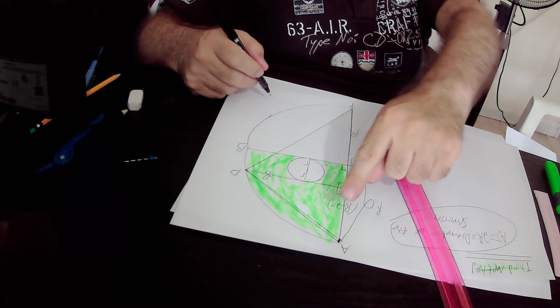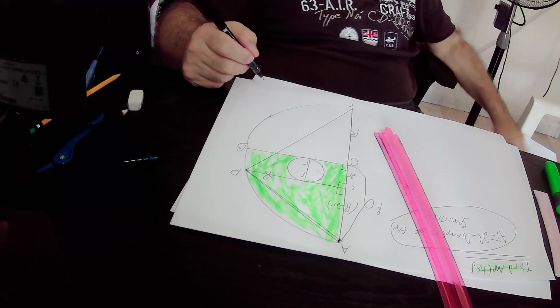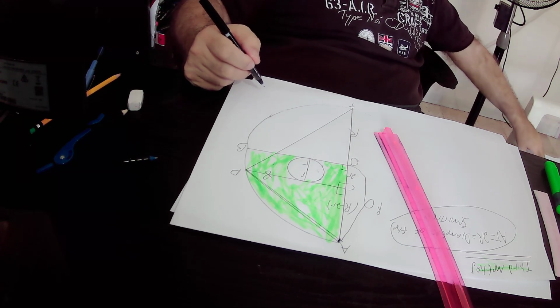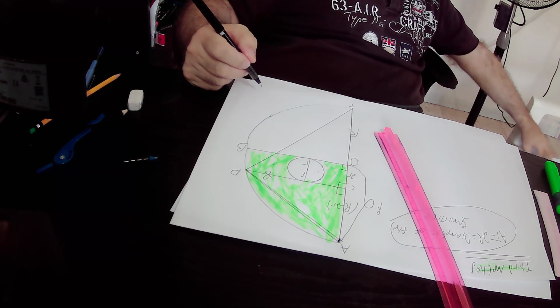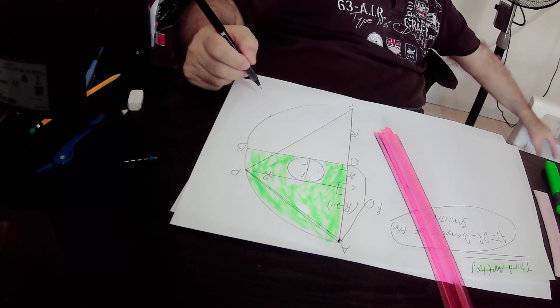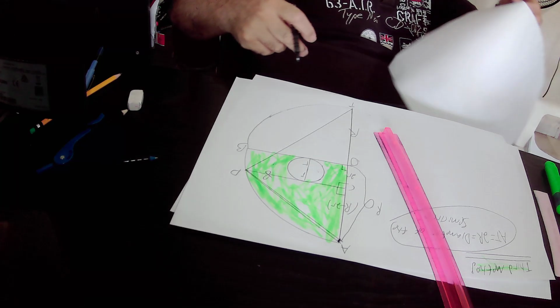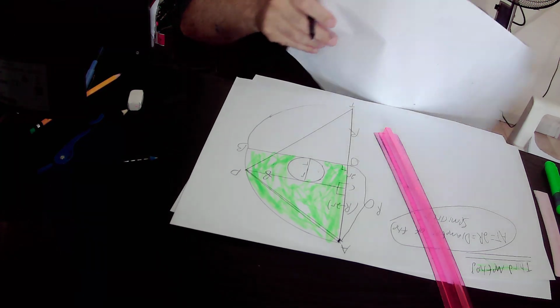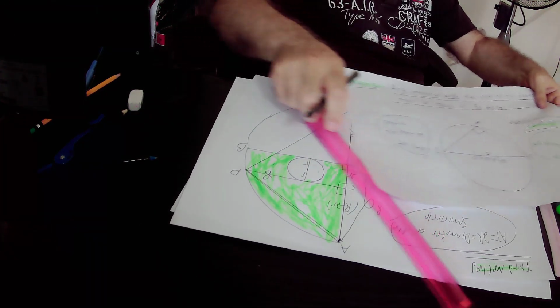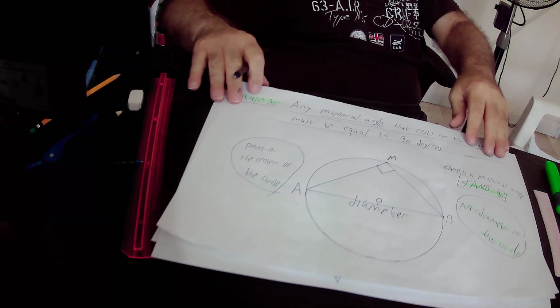Therefore, peripheral angle ADT that rests on the diameter of the circle must be equal to 90 degrees according to rule number 5.